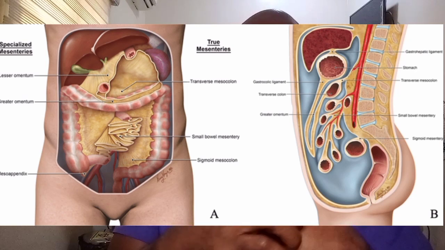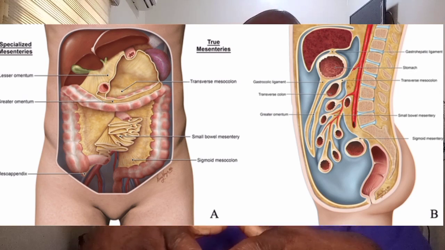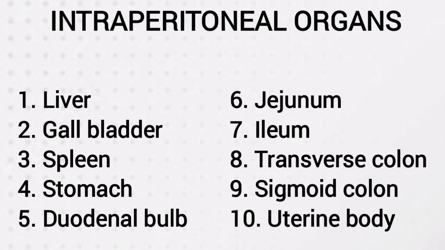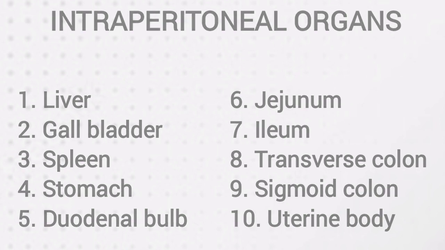Now the organs contained within the peritoneum include the liver, the gallbladder, the spleen, stomach, duodenal bulb, jejunum, ileum, transverse colon, sigmoid colon, and uterine body. Every other organ not mentioned is extraperitoneal.